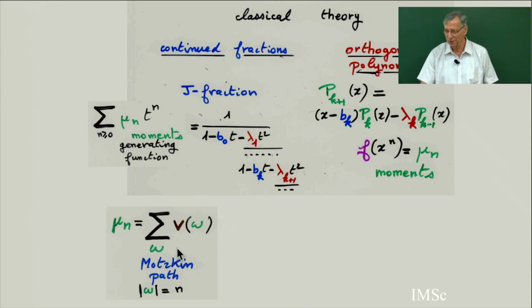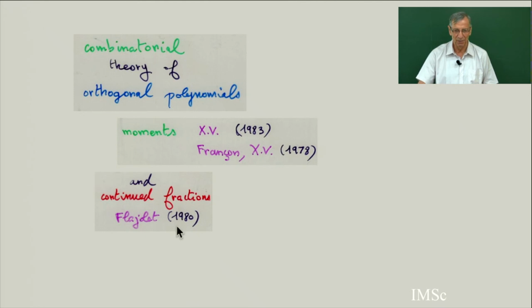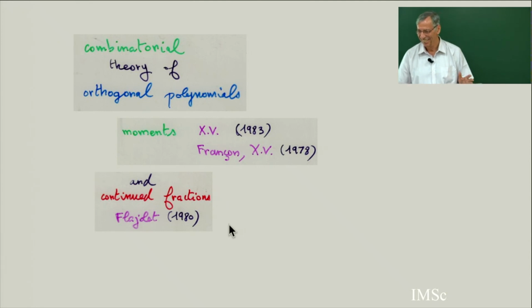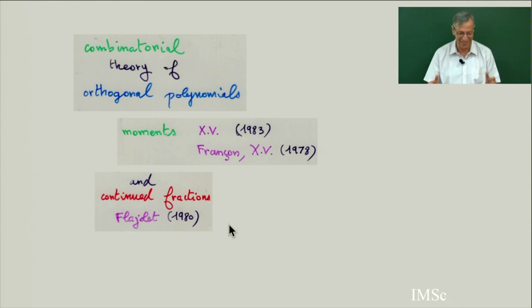So the combinatorists say, okay, forget all about analysis, all the classical books, and let's prove directly, forgetting everything, that the moments are exactly this. That is what we have done with Françon, the speaker, and Flajolet: to start again, to rewrite the whole orthogonal polynomial theory, the formal orthogonal polynomial books of Chihara, with weighted Motzkin paths and some beautiful combinatorics. For example, there is the proof that the moments are given by the sum of the Motzkin paths, the proof of Favard's theorem giving you the moments.